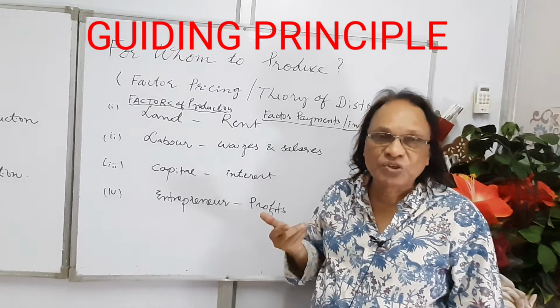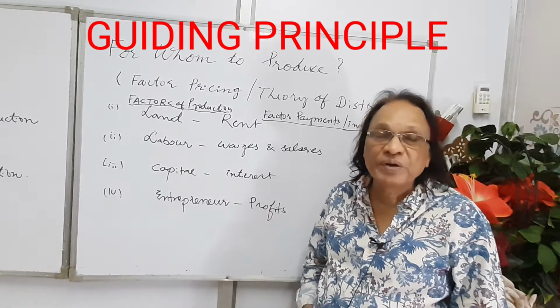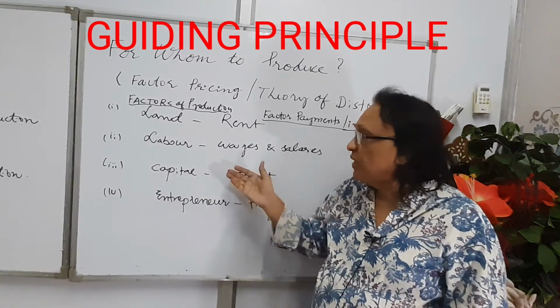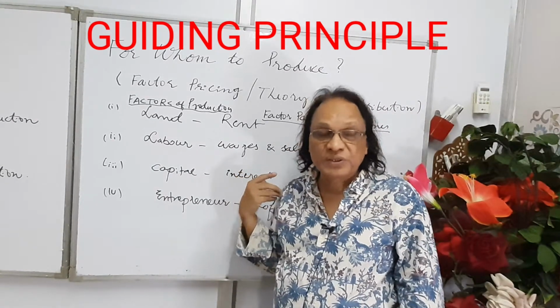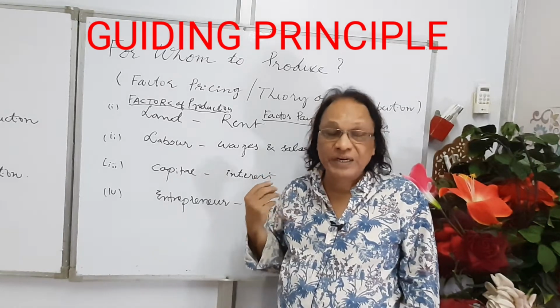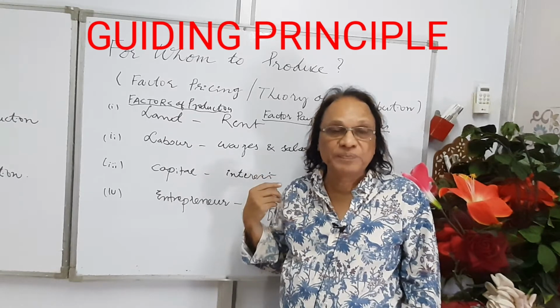So which section of the society? Are there more rich people or more poor people? If the national income or national product is not properly distributed, obviously most of the population are laborers, so the standard of living will be very low. So we have to produce very basic necessities, cheap commodities in the economy.